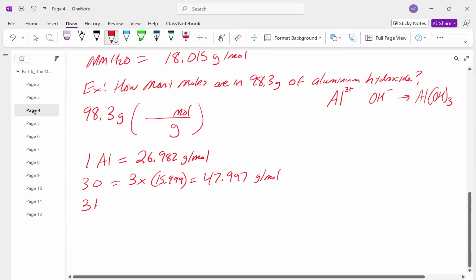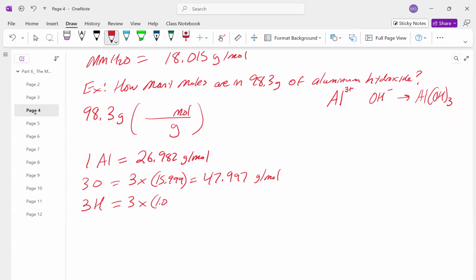And then I have three hydrogens. And I add all of that up and get a molar mass of 78.003 grams per mole.